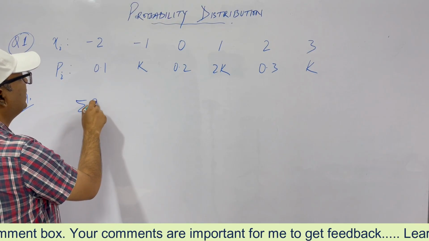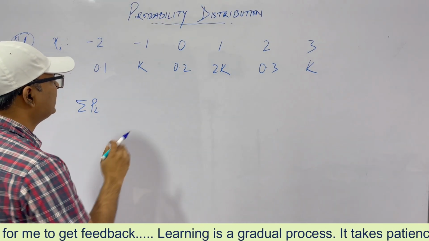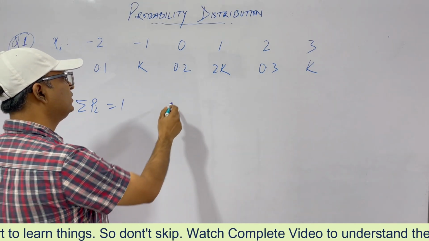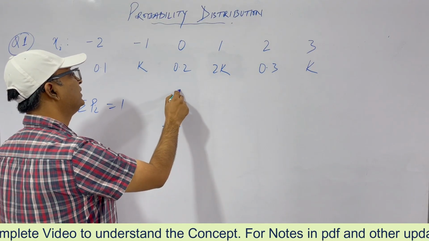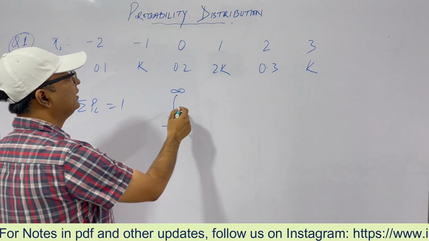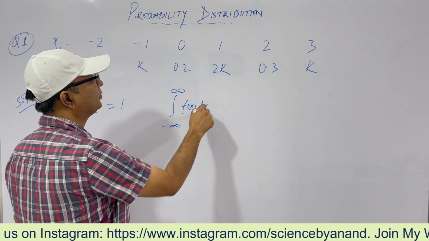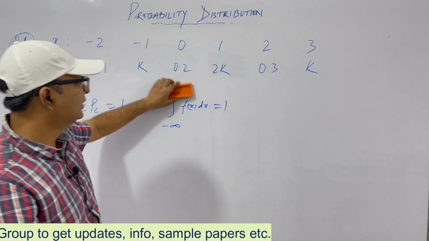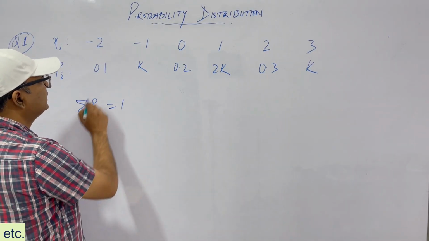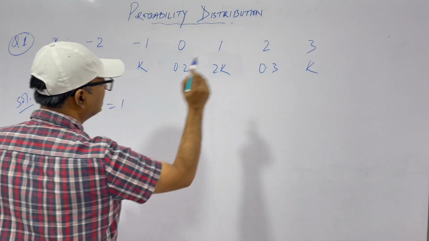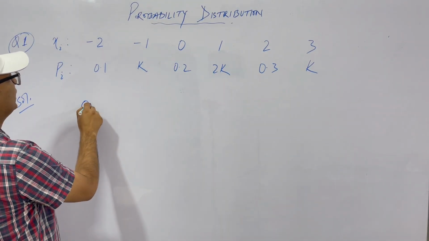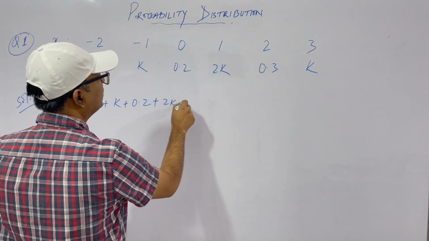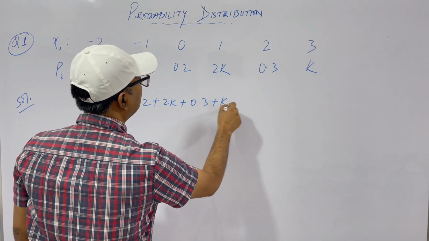We know that sigma pi, if we add all the probabilities, will be equal to 1. This is very clear. In a continuous distribution, from minus infinity to plus infinity, the probability function fx has to integrate to 1, and in discrete this sum is equal to 1. So this plus this plus this plus this plus this plus this is 1, that is 0.1 plus k plus 0.2 plus 2k plus 0.3 plus k is equal to 1.